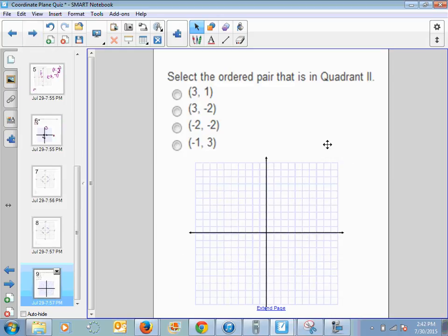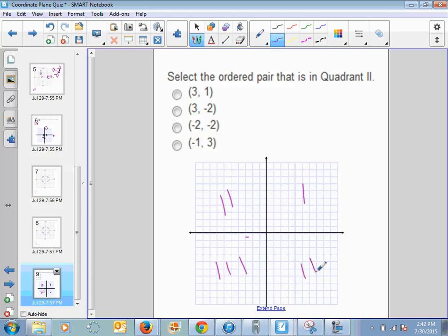All right, and the last one: select the ordered pair that is in quadrant 2. Just as a quick review again, remember your quadrants go 1, 2, 3, 4. We want to be here in quadrant 2.